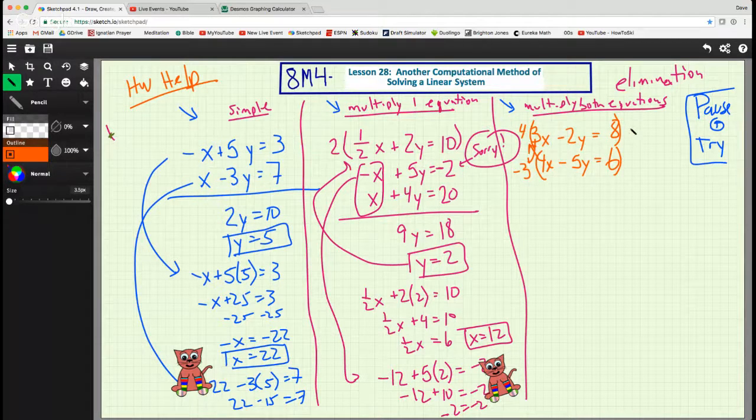So let's see. 12x minus 8y equals 32. And on the bottom, we get -12x plus 15y equals -18. Add down, we get 7y equals 14.